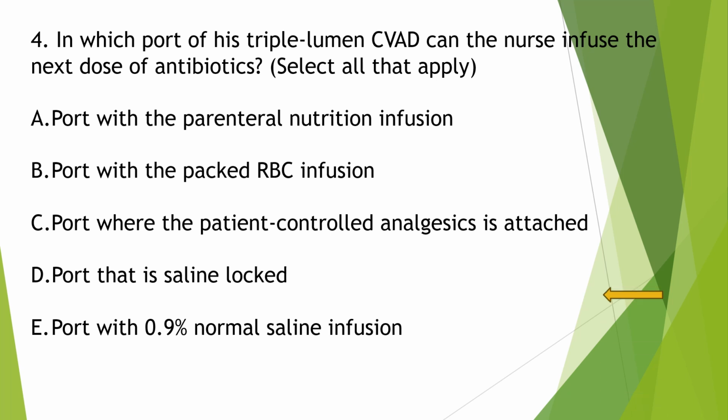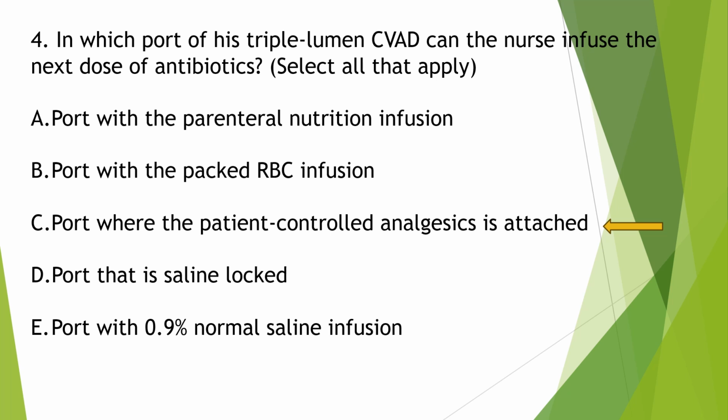So here the nurse has to give antibiotics. If the patient is getting a parenteral nutrition infusion through one port, that is a dedicated line that should not be used to infuse anything else. So through the parenteral nutrition infusion port we cannot administer antibiotic.